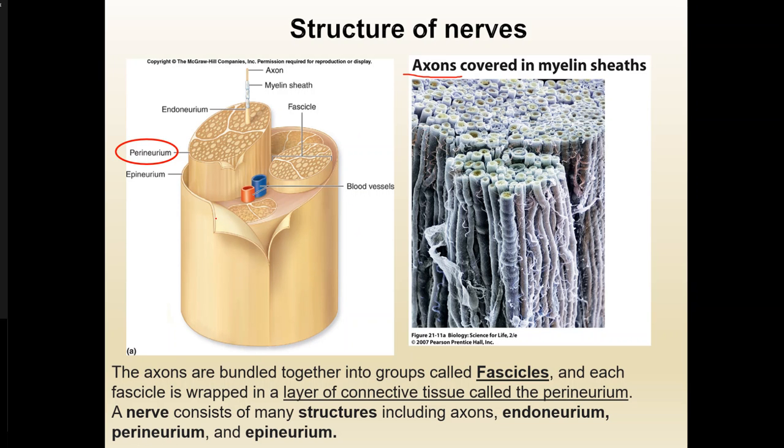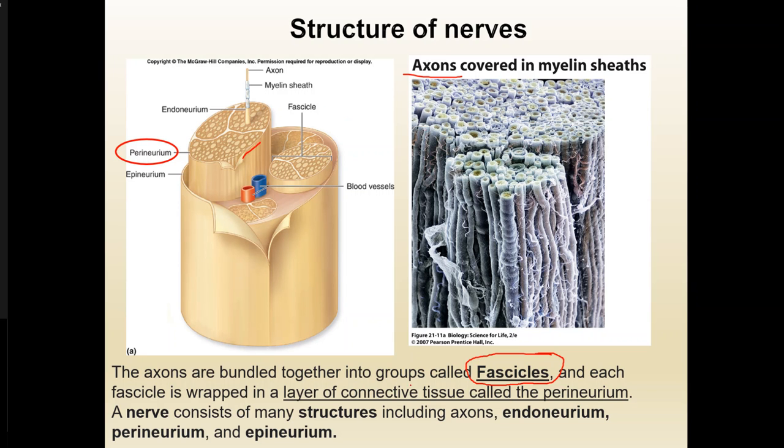So the axons are bundled together in bundles that are delimited by a specific type of membrane of connective tissue, and these bundles are known as fascicles, okay? The same exact name that we gave to the organization of muscle cells. So there are fascicles here as well, but we refer to them here as a bundle of axons.